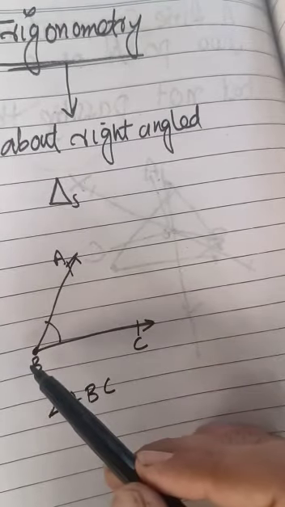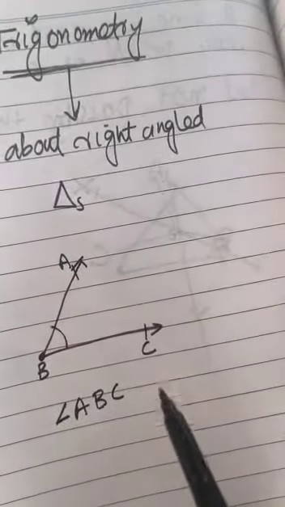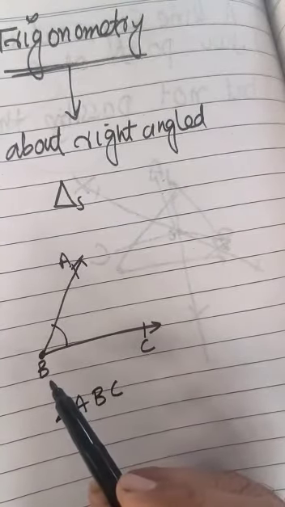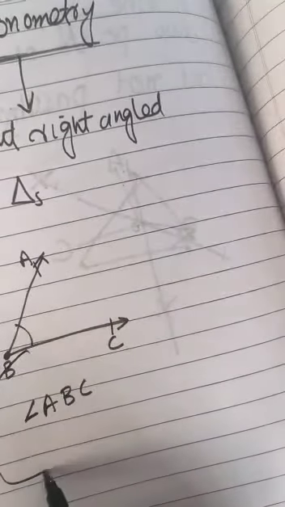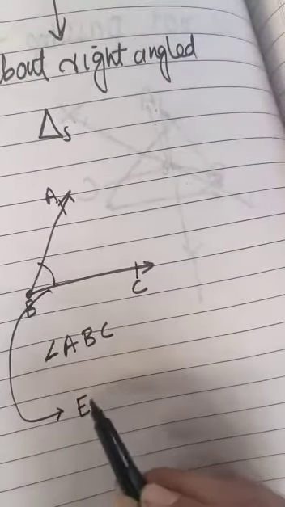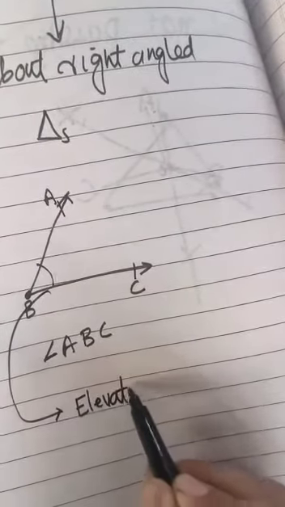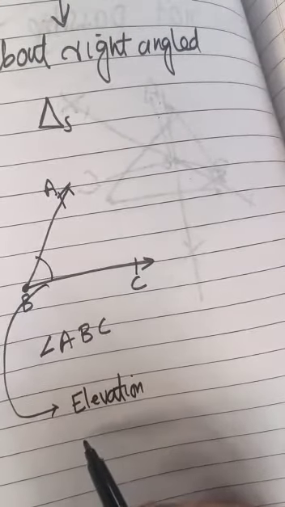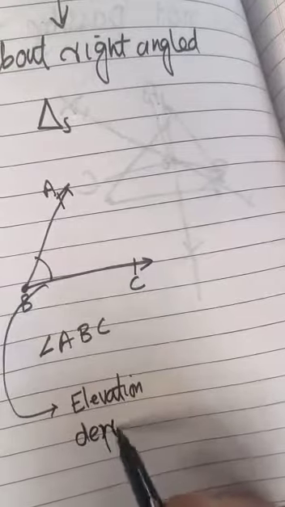It is called an angle. In this chapter we have some important terminologies, like two types of angle. One is angle of elevation and the second is angle of depression.